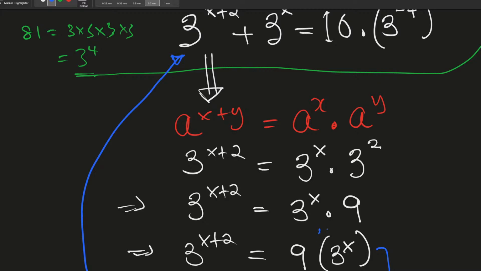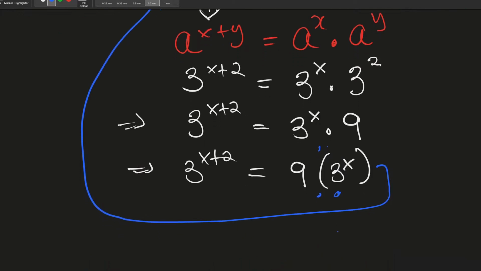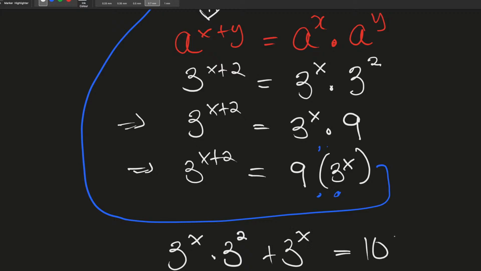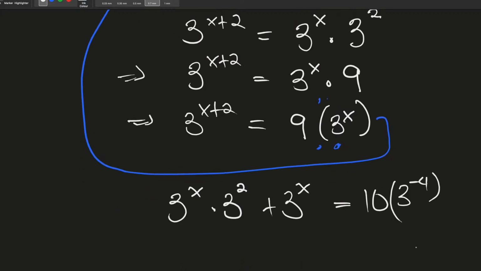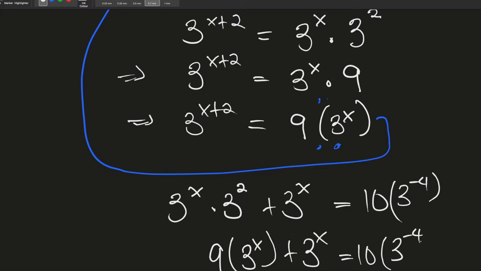So this is what we get: 3 raised to the power x times 3 raised to the power 2, as we did, plus 3 raised to the power x is equal to 10 times 3 raised to the power negative 4, which is the same as 9 into bracket 3 raised to the power x plus 3 raised to the power x is equal to 10 times 3 raised to the power negative 4.